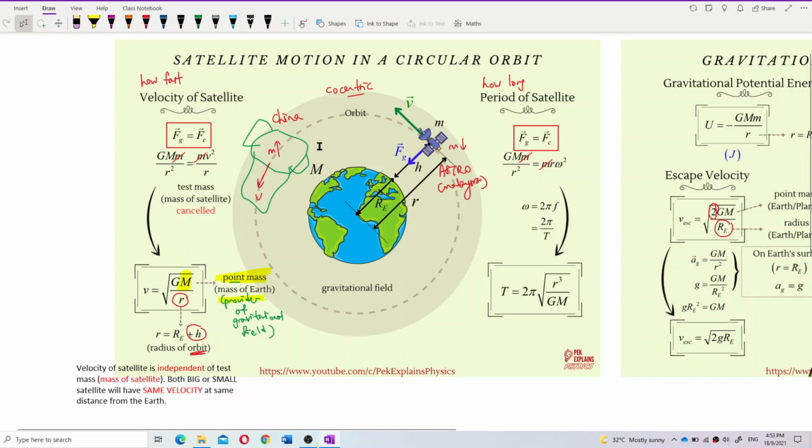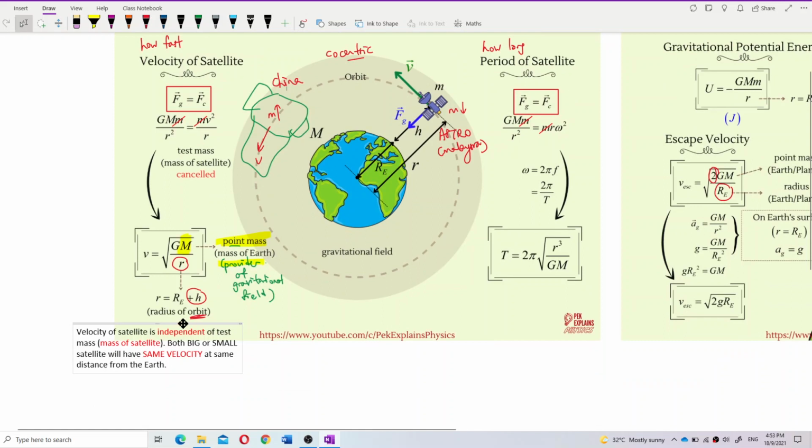Again, because if both satellites are at the same radius of orbit, at the same distance, or we can say at the same orbit, or same r, or same h, the same distance from the center of the orbit or center of Earth, these two satellites will have the same velocity.